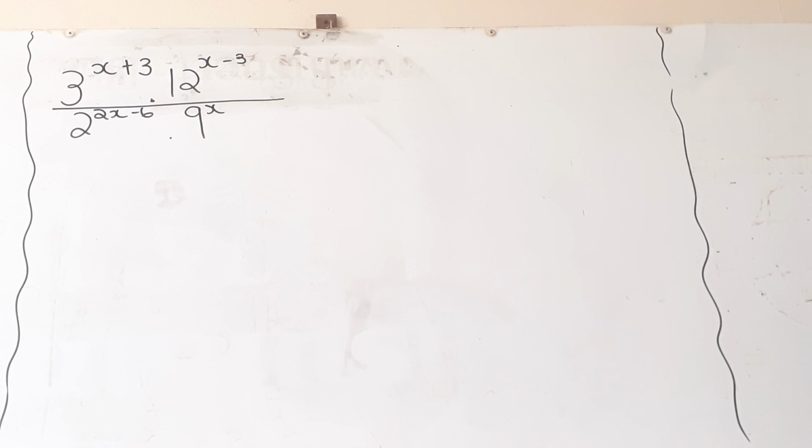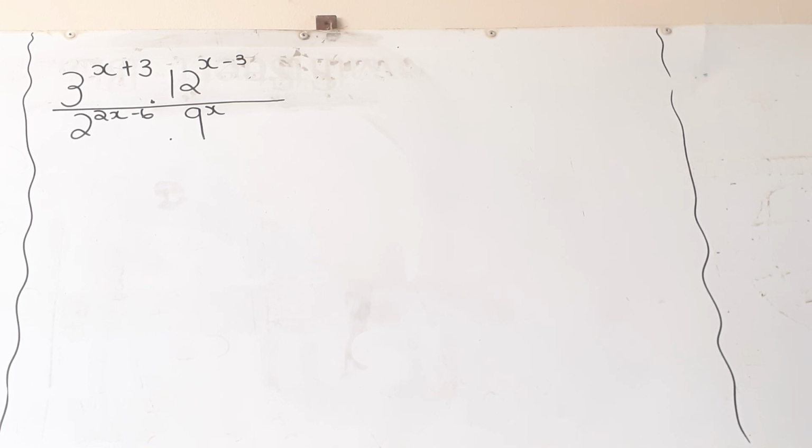In this problem, you are given 3 and 2 as the small numbers, and then you have 12 and 9. So look at how you can break 12 to still get 2 and 3, and how you can break 9 to still get either 3 or 2, so that we have the same small numbers and can solve this expression nicely.